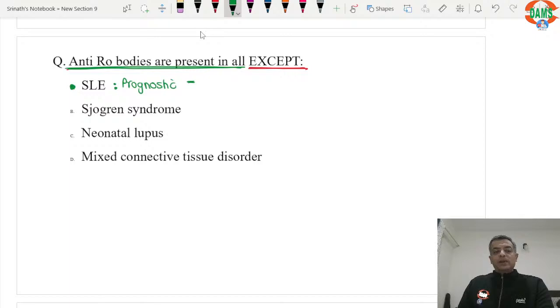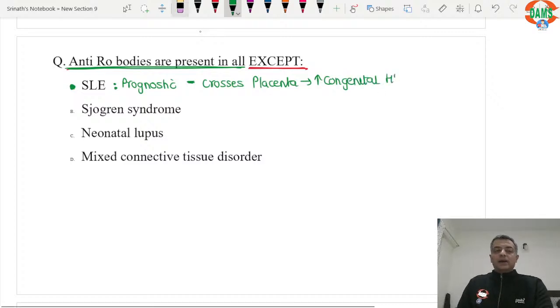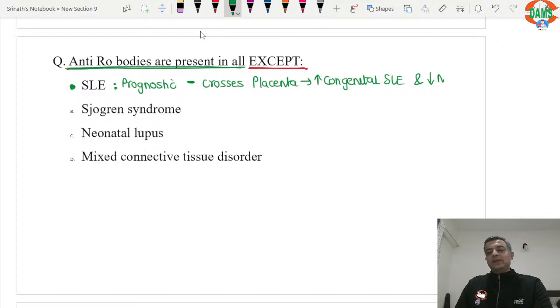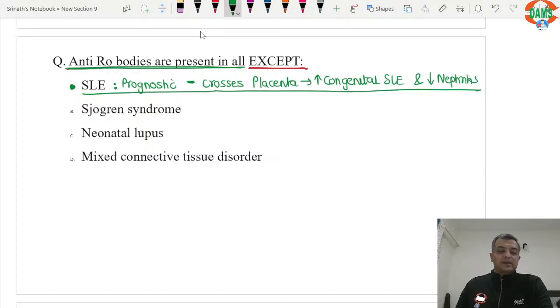It crosses the placenta and increases the risk of congenital SLE. But on the other hand, it is also protective against maternal nephritis.